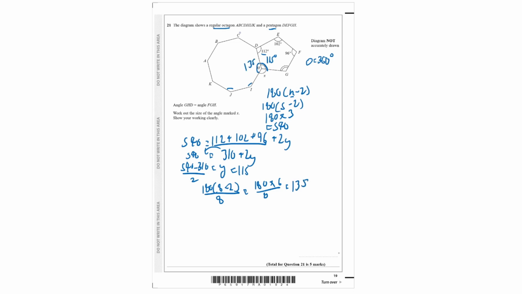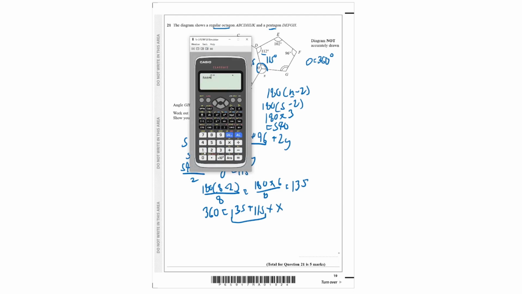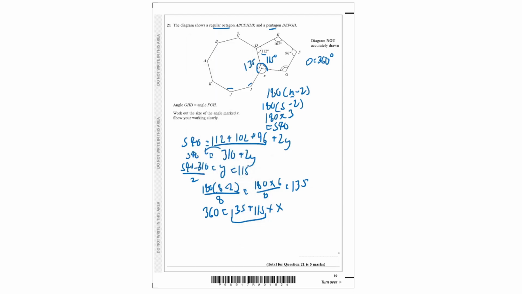Since we know that a whole circle is 360, we can write here 360 is equal to 135 plus 115 plus x. We can combine these. So we have 135 plus 115 gives us 250. So we have 250 plus x is equal to 360.